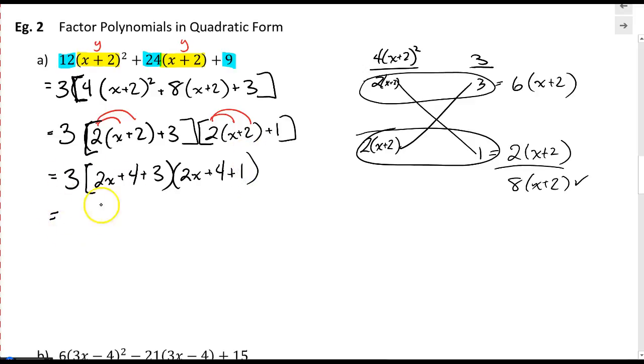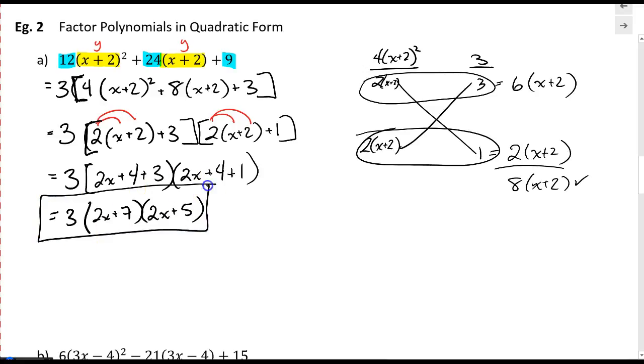I can simplify those further, and now I've got 3, 2x plus 7, and 2x plus 5. So that's one way of solving these kind of monstrous quadratic equations that have binomials inside of them.